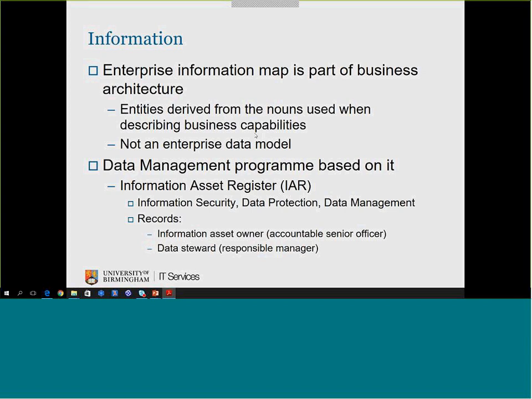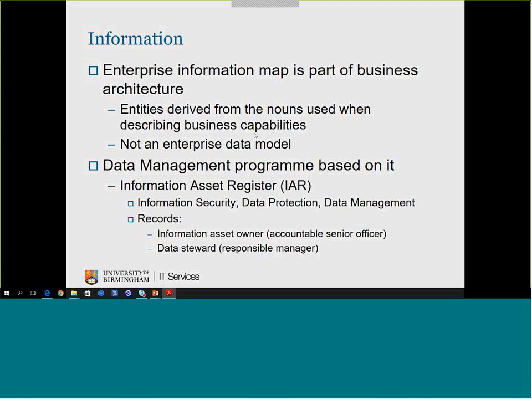For example, we have a data management program, partly from the new core program that I mentioned earlier. We felt that we really needed to get a handle on data management at the enterprise level. So one of the things we're doing is building an information asset register.